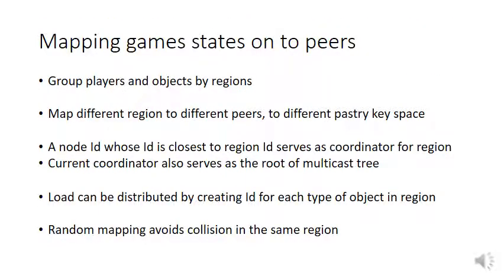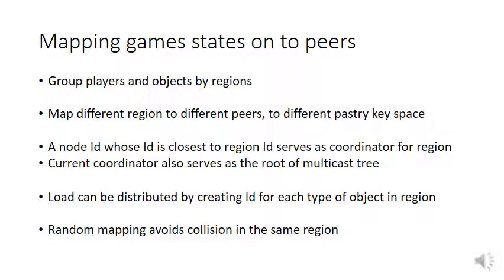Now, how do we actually map the game state onto the peers? Like we talked about before, we group players and objects by regions, then we map different regions to different peers, and those peers are actually the Pastry key space. The key space has an ID, and the ID lookup is through a DHT. A node whose ID is closest to the region ID serves as the coordinator for the region.